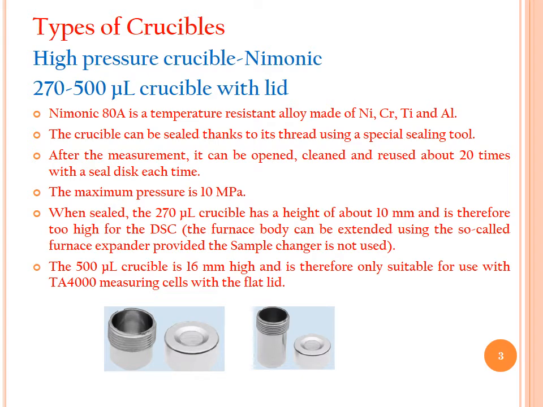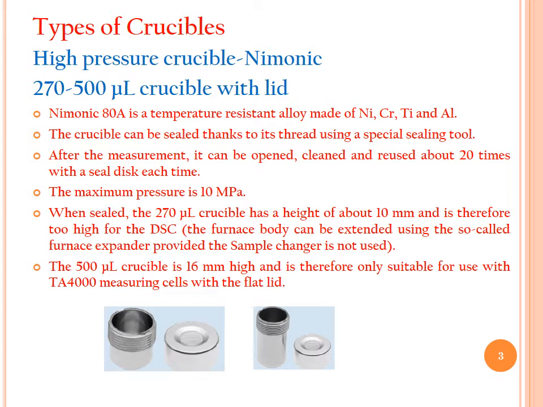So this is another type of crucible that is used in TGA and DSC thermoanalytical techniques. High pressure crucible, made of a type of alloy. This type of crucible has a volume to hold the sample of 270 to 500 microliter. These crucibles are also incorporated with a lid.